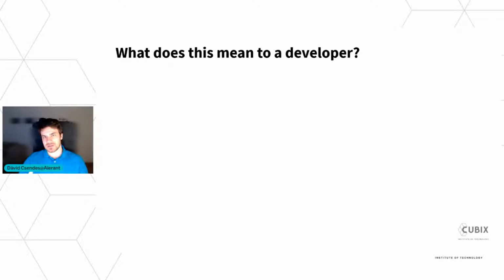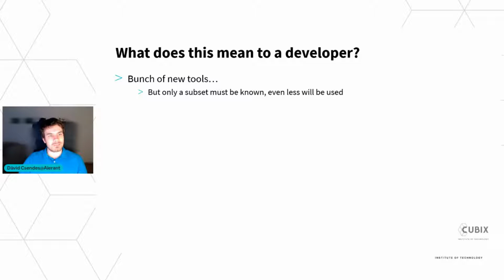If you're a developer and you get to this DevOps stuff and even a cloud and get to the cloud-native applications, what does this mean to a developer in the end? So we can see that we have a bunch of new tools for DevOps, for the cloud, for cloud-native applications, and so on. This can be tiring and challenging and might create some fear in some, but in the end, only a subset of them must be known, and even less will be used in the long run.